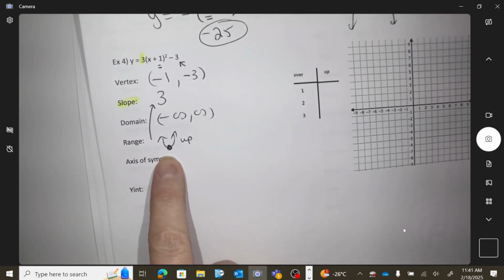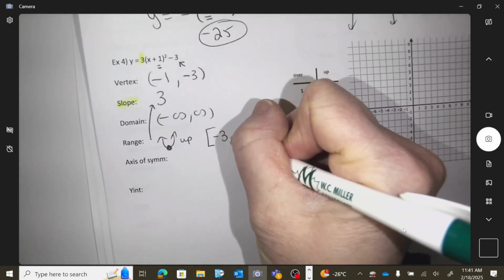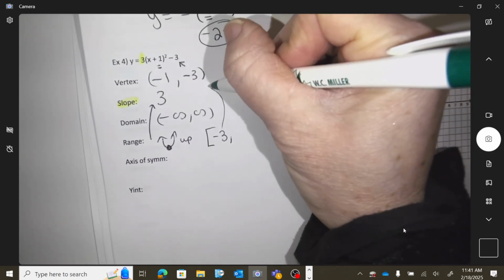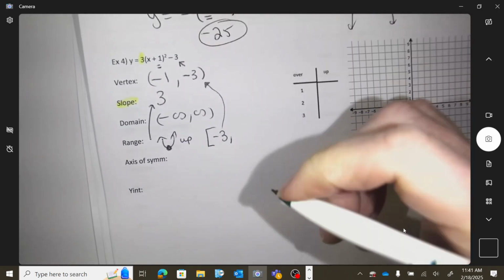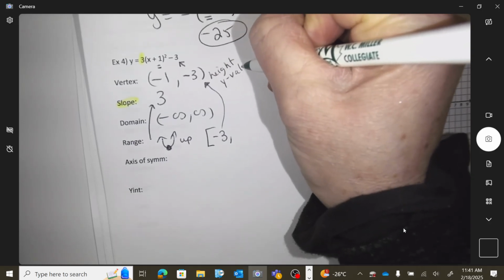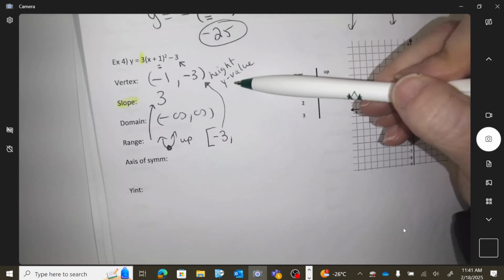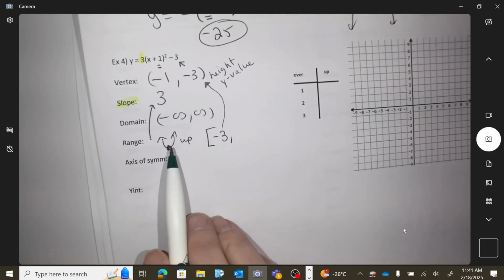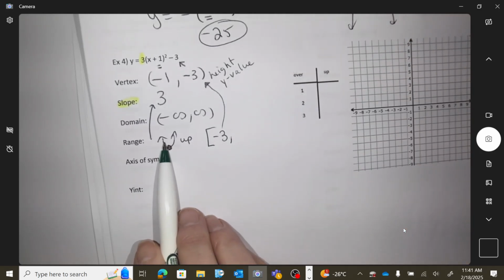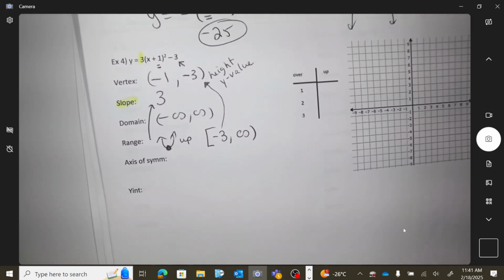What's the lowest y value height? -3. Is that what you picked? Okay, lowest height. Heights are y values. Comma. And then if this was going up, it would go up forever.